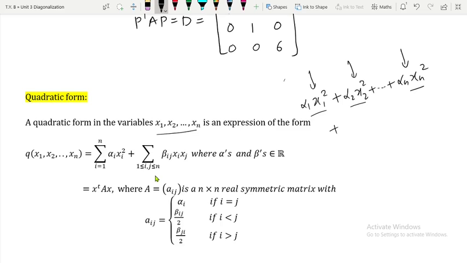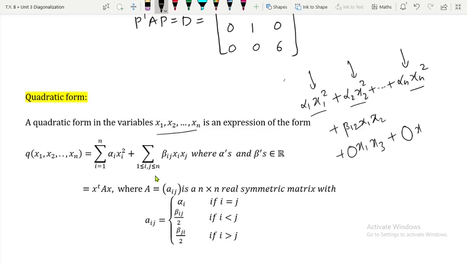Plus you may have somewhat like this: beta 1 2 x1 x2, so all the combinations, x1 x2, x1 x3, will have some coefficient, obviously.